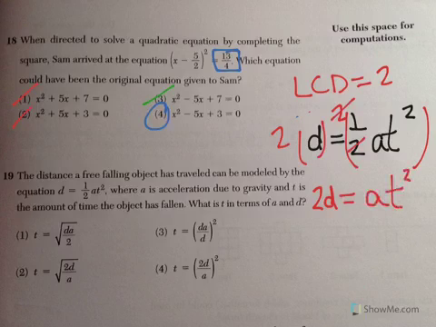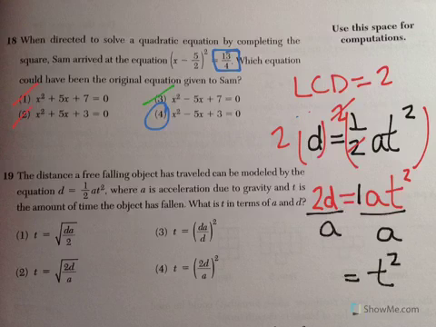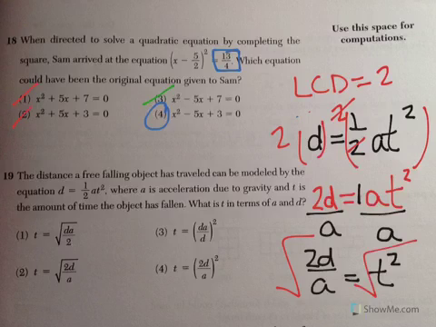If you wanted to put a 1 here, you could, but you don't need to, because 1 times anything is just that same thing. So the next step is we're going to do the opposite of multiplying by a. To get rid of the a, we're going to divide by a, so that t is alone, so we're left with t squared equals 2d over a. And the last step, opposite of squaring, is to square root. So that means that t is equal to the square root of 2d over a, which is choice 2.